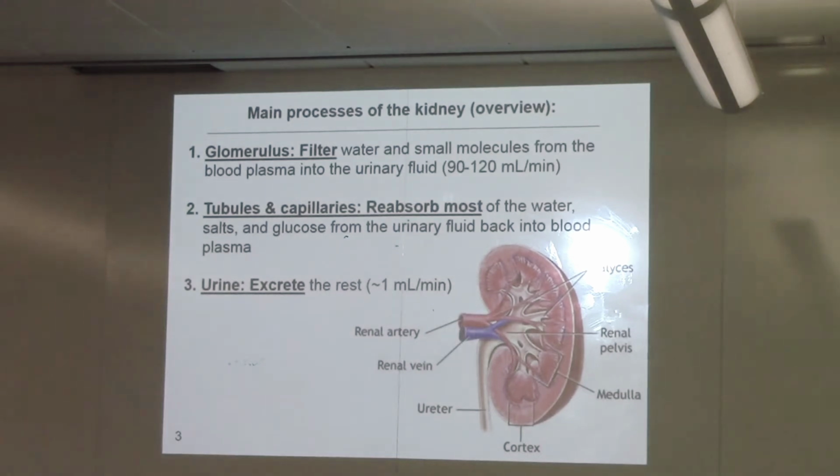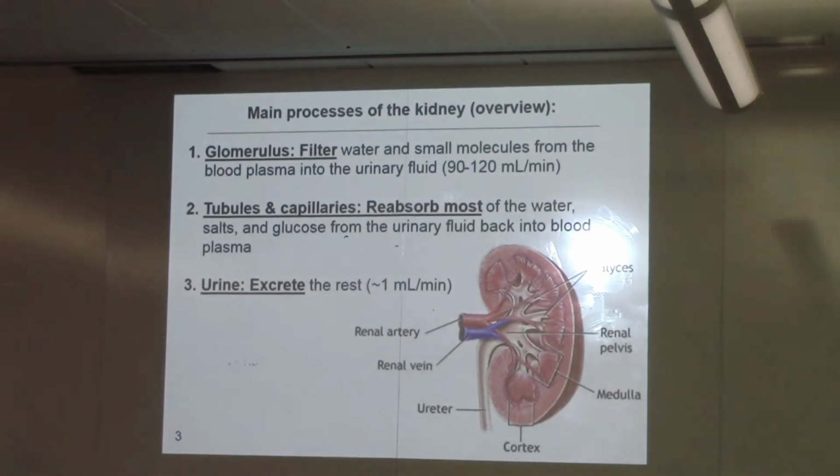So the main point of the kidney is to make a filtrate from the blood. It takes the blood and creates a filtrate of it that has water and small molecules.